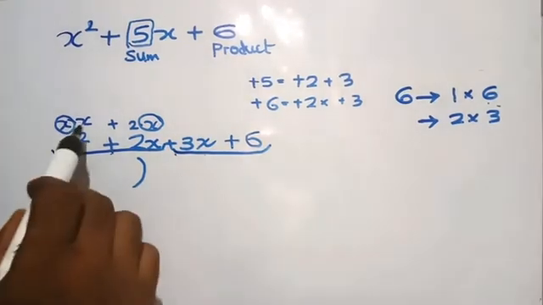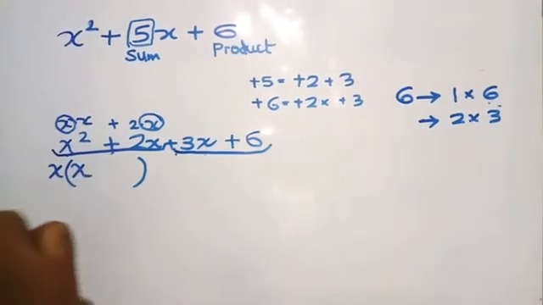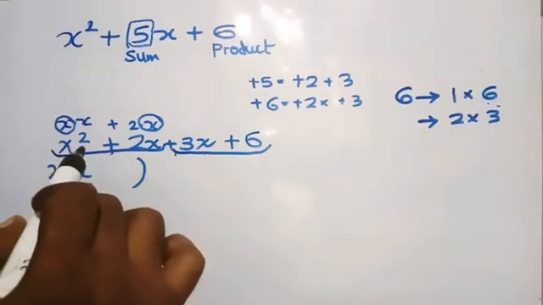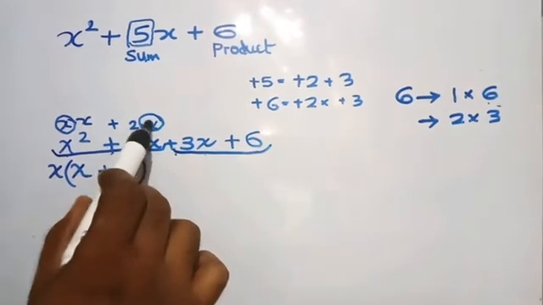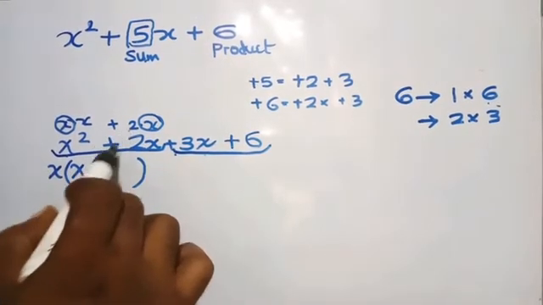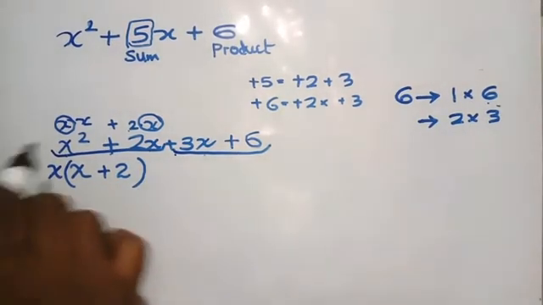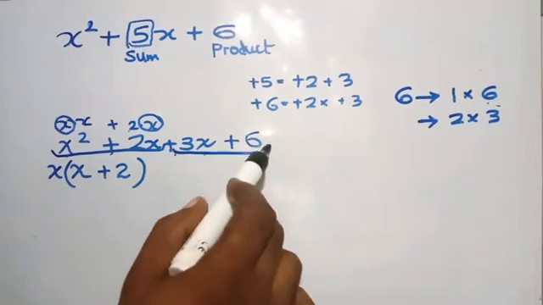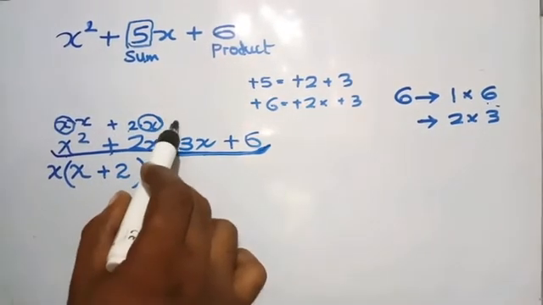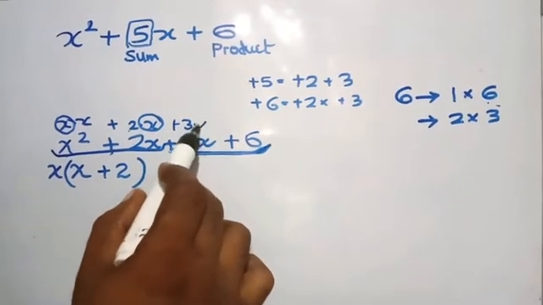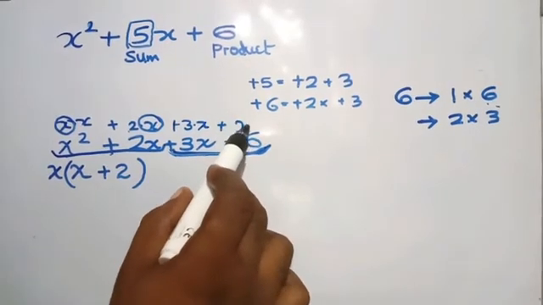Once you take x as common, what remains in the first term is one more x. Plus this x also you have taken outside, so what is remaining? Plus 2. Okay, now let's see the next two terms. This is plus 3 into x plus, we can write 6 as 2 into 3.